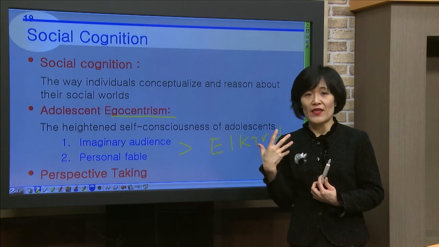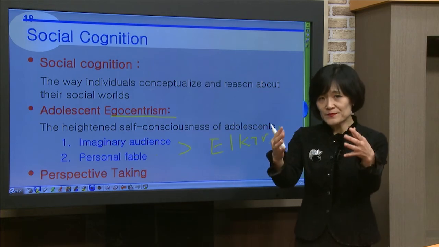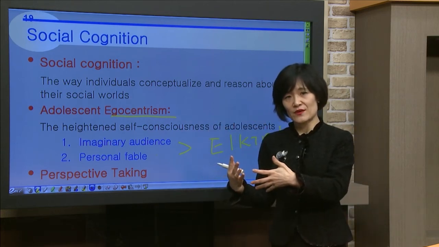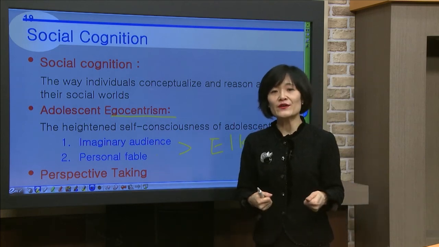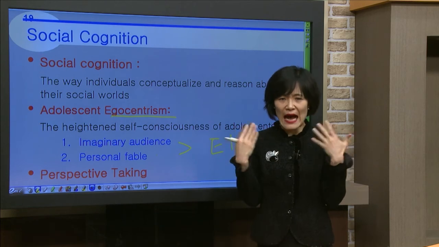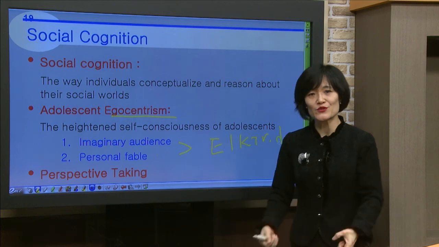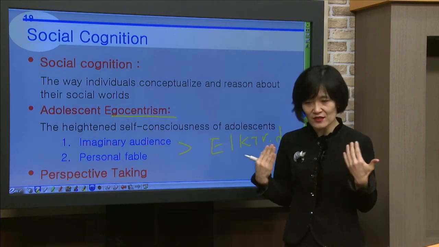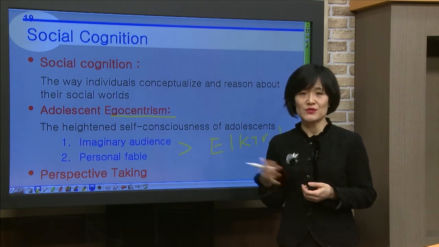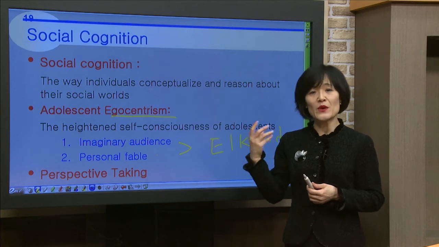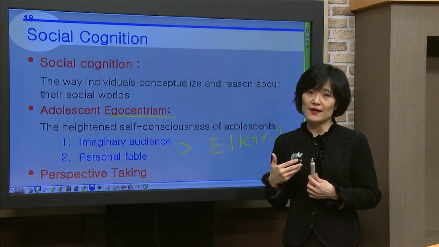To have that empathic understanding, adolescents have to learn to take the other person's perspective, like putting on the other person's shoes and feeling how that feels. In that way, we can understand the other person's perspective, emotions, and situation. So we can have a more empathic understanding, and that is related to emotional intelligence, as I told you before.